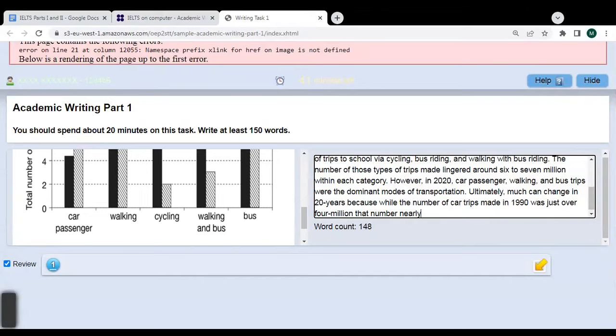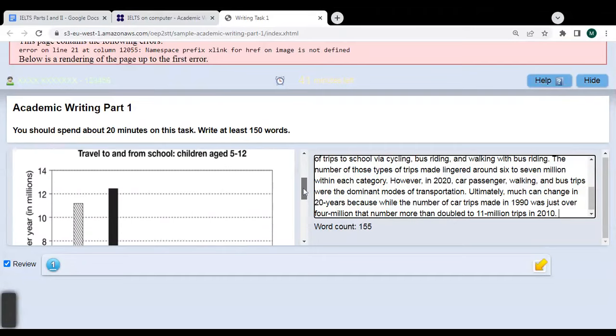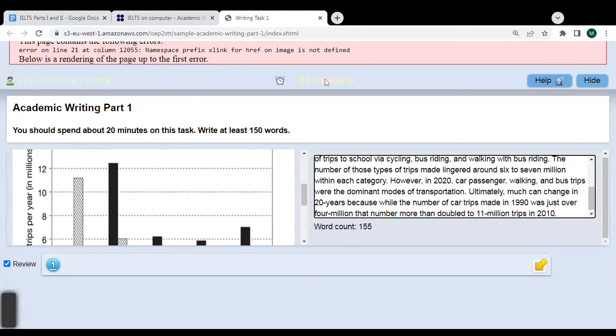That number more than doubled to 11 million trips in 2010. Okay, let me see if that's correct. Yes, around 11 million.